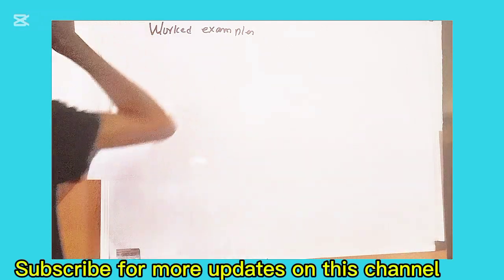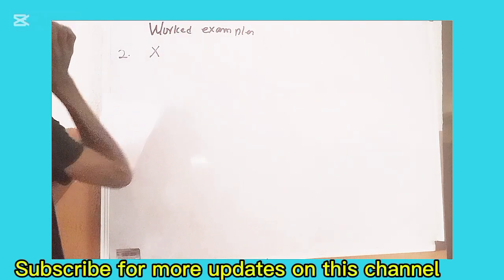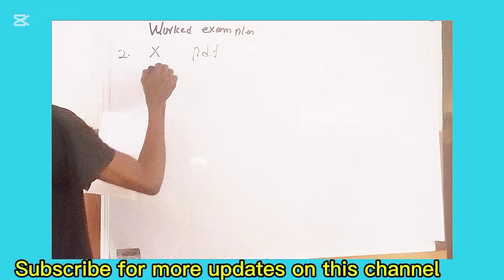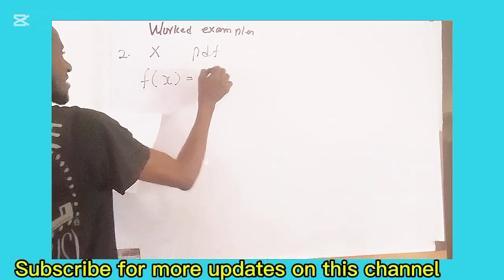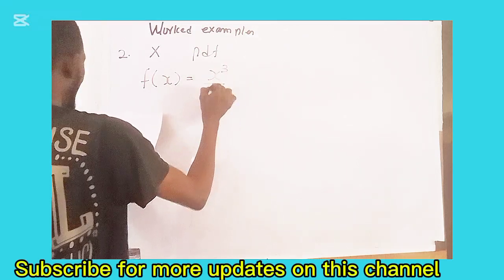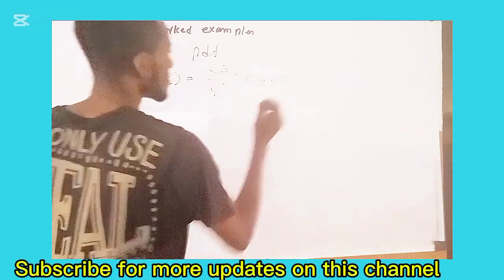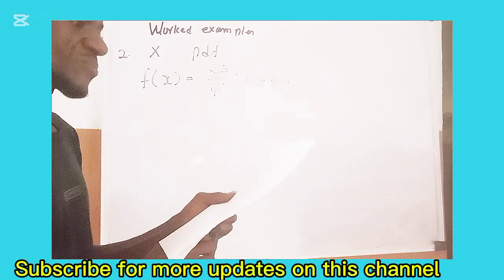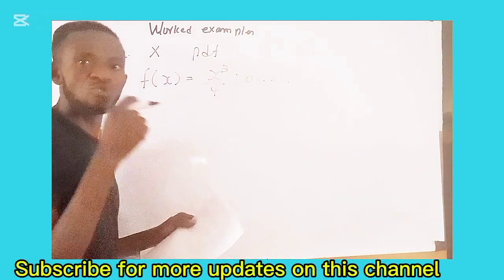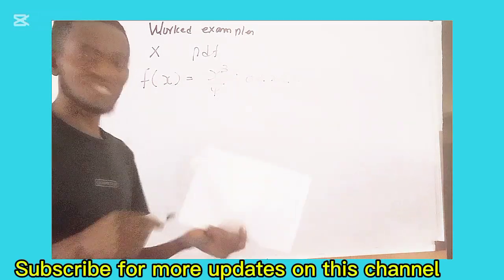Number 2 says, let x be a continuous random variable with PDF defined as f of x equals x raised to power 3 all over 4 within the range of 0 less than x less than C. They now ask us, what is the value of C that can make this a true PDF?